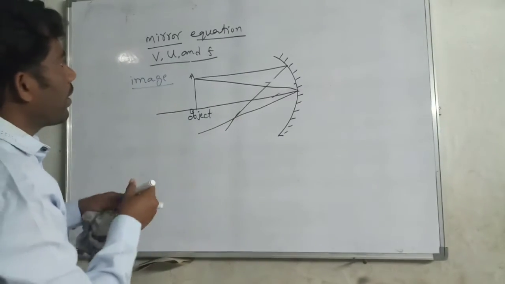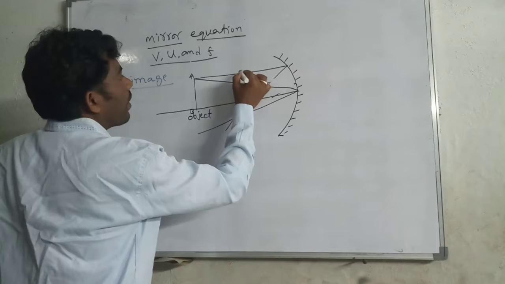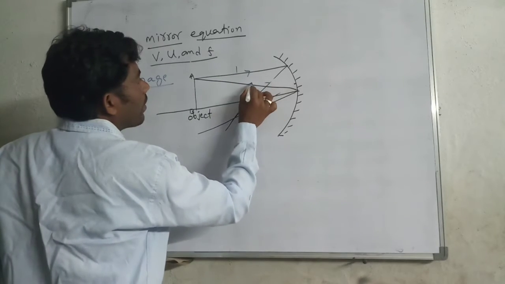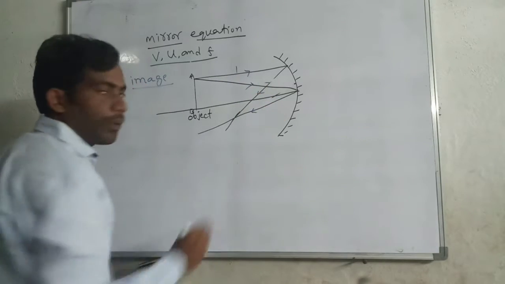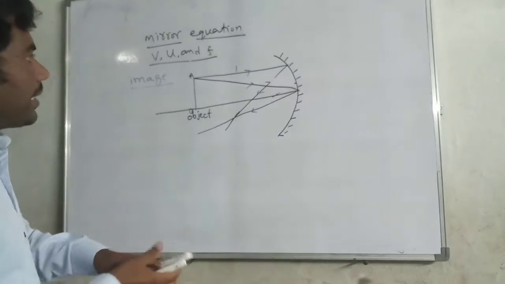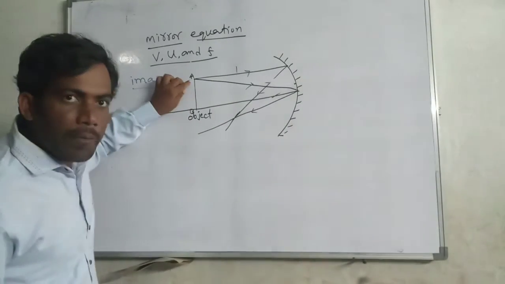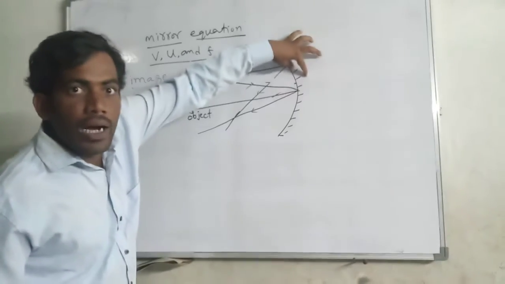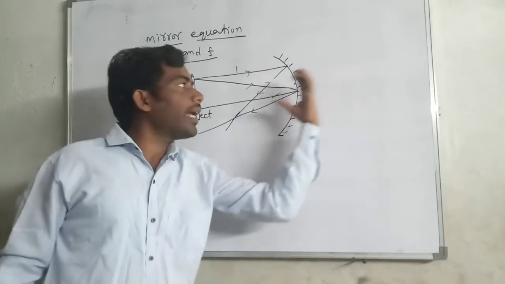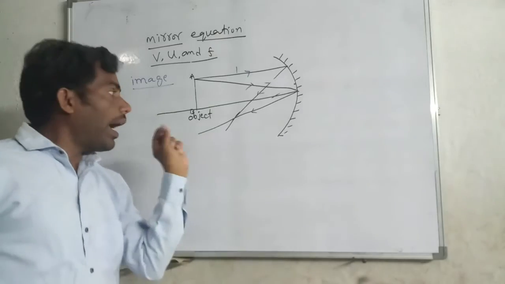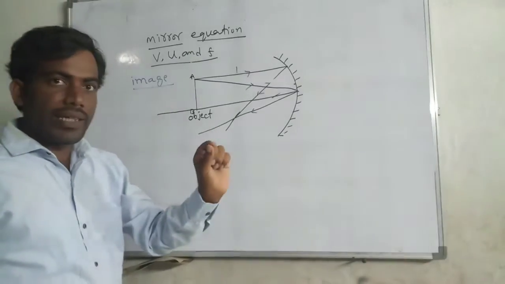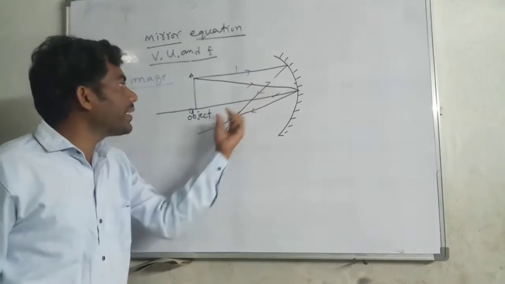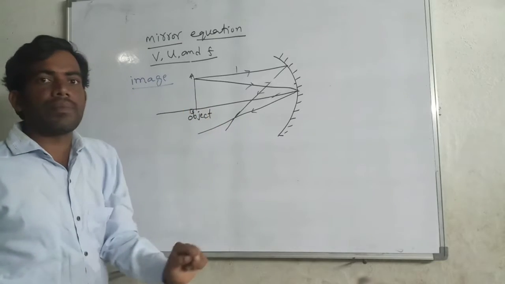This is ray 1 and this is ray 2, both emitted from A and incident on the mirror. After incidence they are reflected, and at some point these rays coincide.